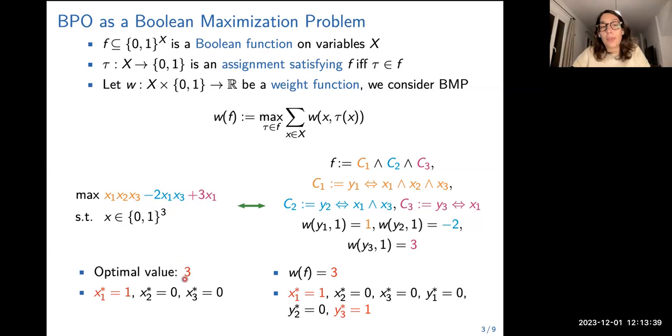This is the optimal value, and this is the optimal solution. And we can see that also on the other side, in this machinery, we get a corresponding assignment, because we can set x1 to 1, the other x's to 0, and we compute the value of the y correspondingly. And indeed, the value of the weighted Boolean function is the same.